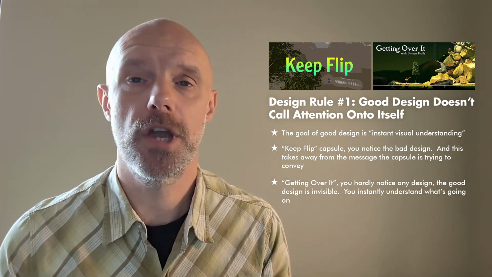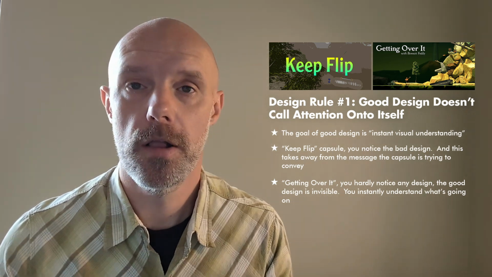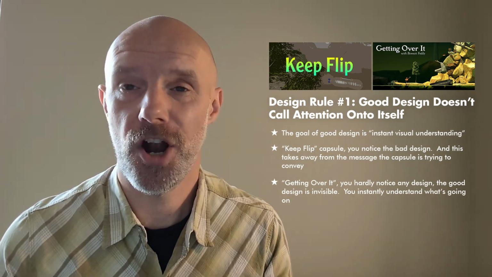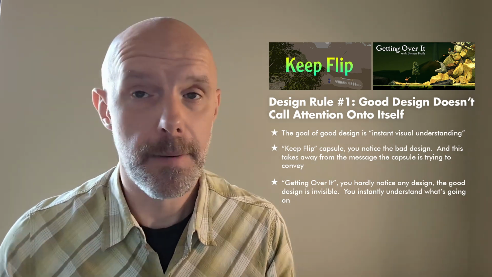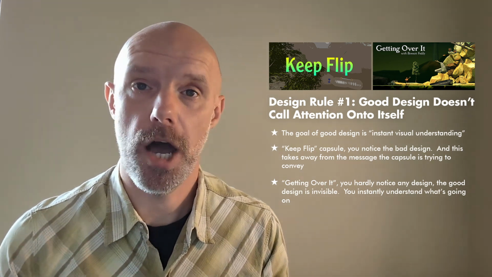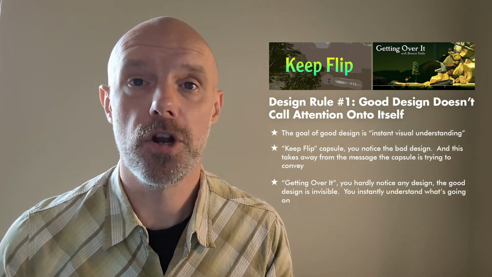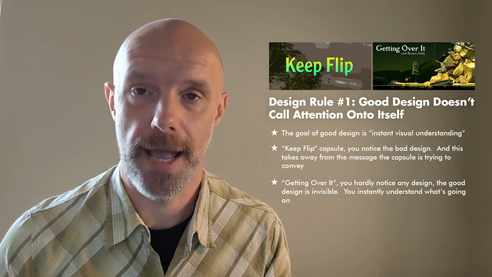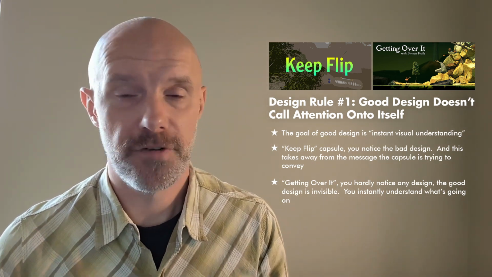When you compare these two, it's really obvious: you can notice the bad design, while with the professional one you can hardly notice what's going on at all. But you have a sense that it's professional. In a moment, I'll show you that there's a lot going on with the Getting Over It capsule art design. And later, you'll learn how you can apply the same techniques to your own capsule art. But for now, let's keep going and learn more about good design versus bad design.